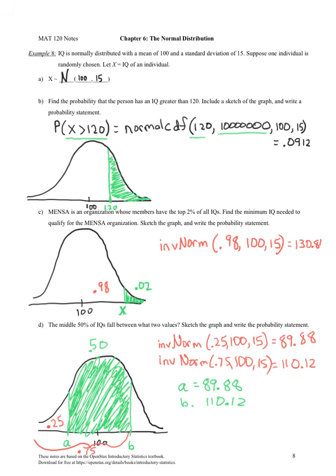So that would mean the lower IQ would be 89.88. That would be our A value right here. And the upper IQ would be 110.12. And that's how we would find the 50% of the IQs that fall in the very middle.